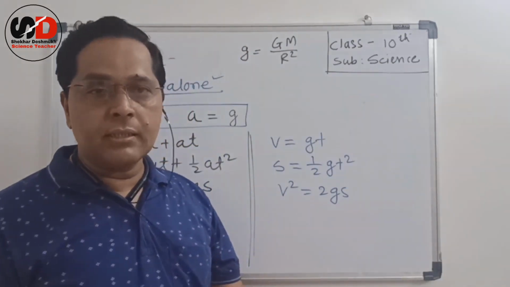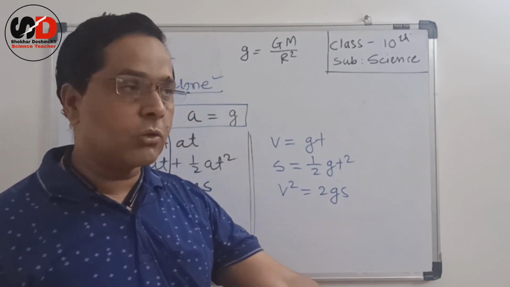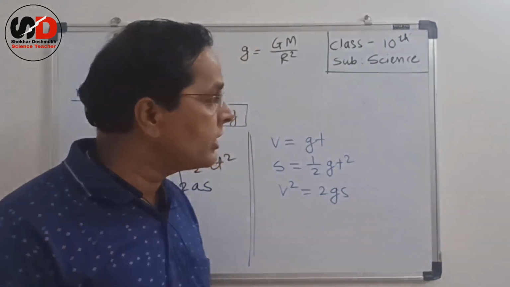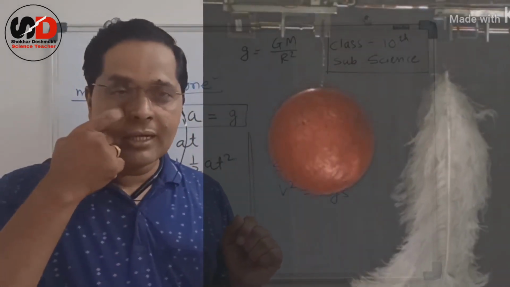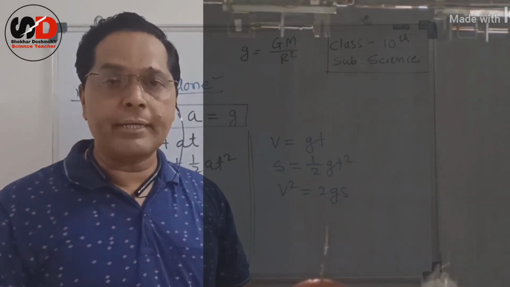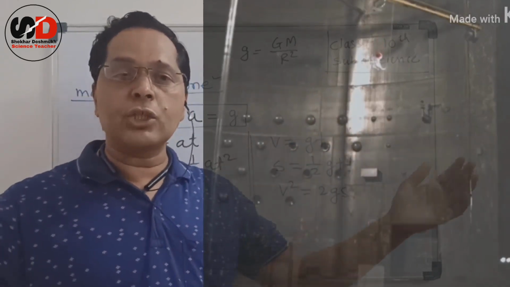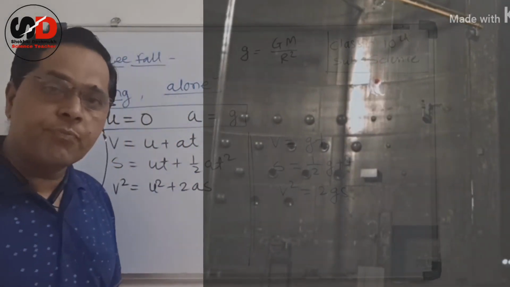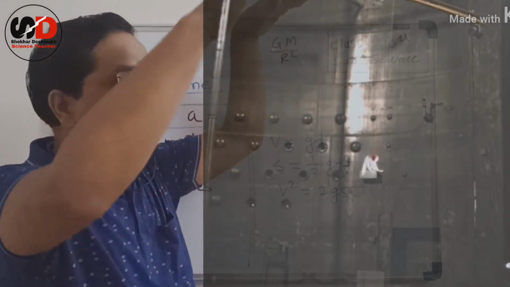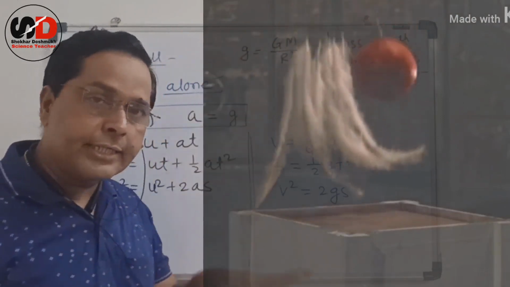But a few years ago, in 2018 or 19, scientists performed a similar experiment using a feather. A very lightweight feather and a heavy ball of metal. They created a vacuum in a very large hall, and in that vacuum they tied a feather and a heavy ball, released them at a time, and observed whether they fall at a time.